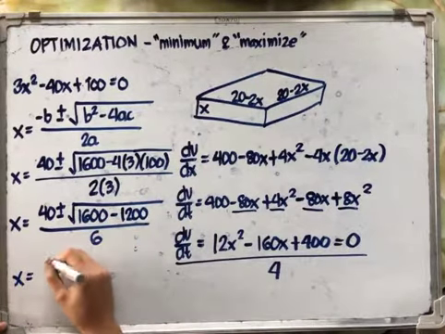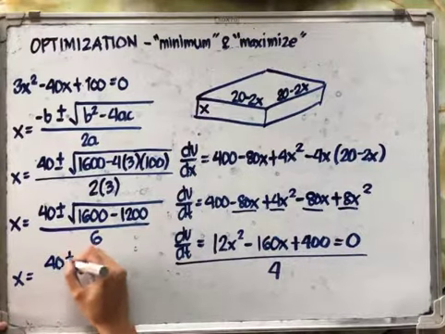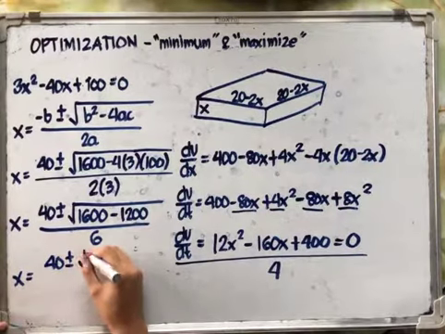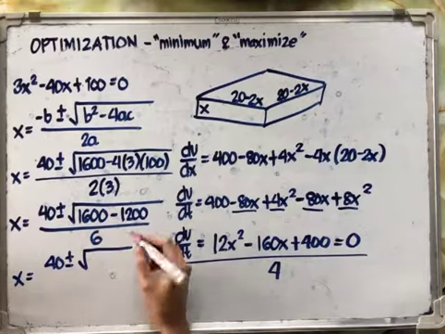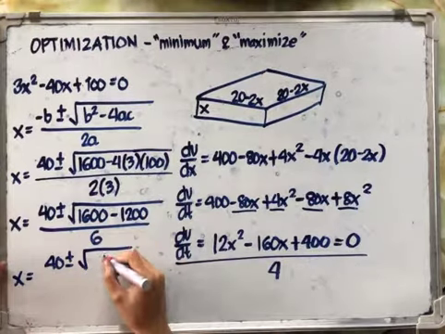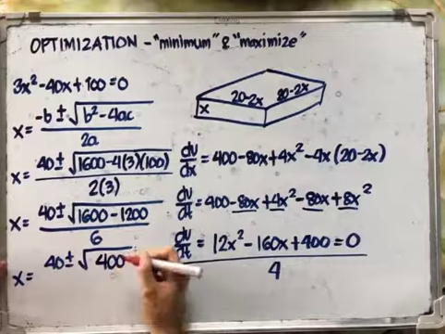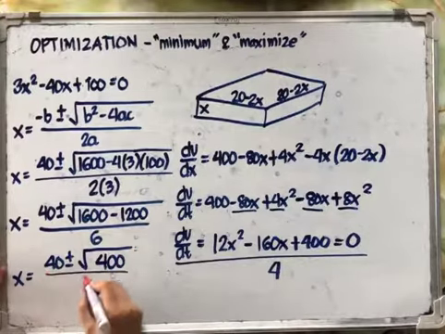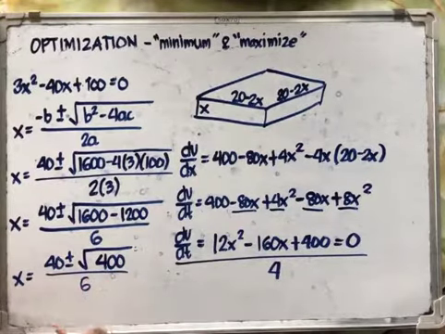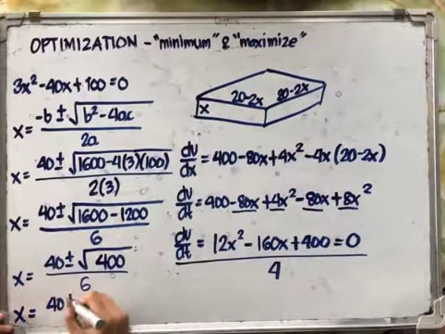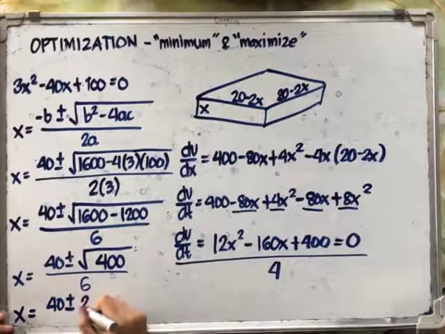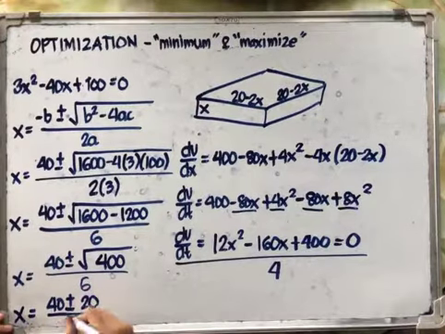Okay, and this is 40 plus minus the square root of 1,600 minus 1,200 is 400 divided by 6. And that would give us how much? 40 plus minus square root of 400 is 20 over 6.